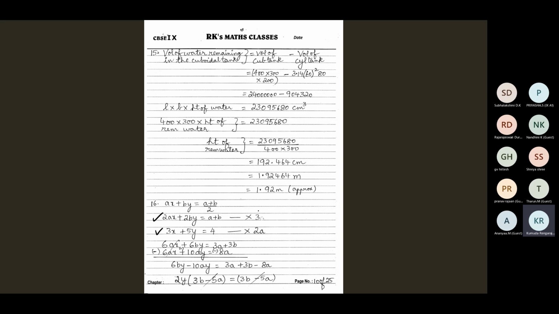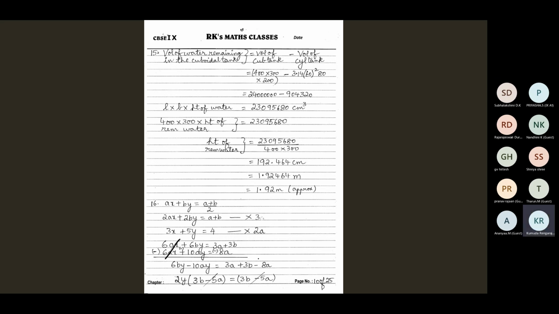So I've multiplied the first equation by 3 and the second one by 2a. 3 into (a plus b) is 3a plus 3b. Change the signs throughout in the second equation. So this gets cancelled: 6by minus 10ay is equal to 3a plus 3b minus 8a.